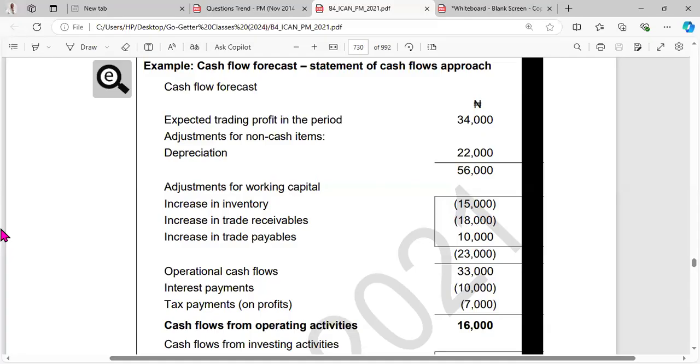Now there is an increase in inventory. What's the difference? From 5,000 you went to 15,000, so there is an increase of 15,000. How did that happen? For your inventory to increase, money must have been spent. So an increase in inventory requires an outflow of cash.